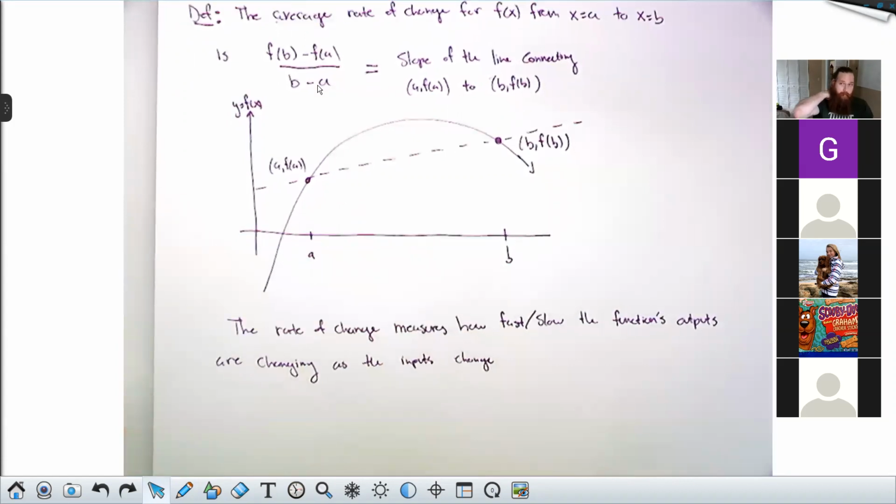These numbers can be positive, they can be negative, they can be zero. Thinking about the slope will help it feel a little bit more reasonable.